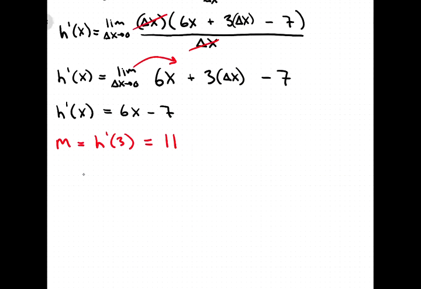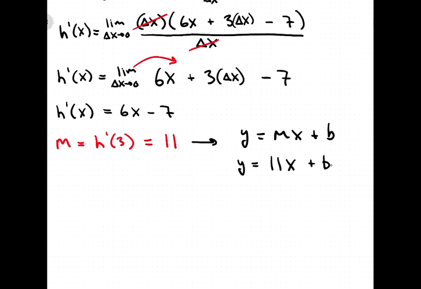So the equation of the tangent line, y equals mx plus b. Well, now we know it's y equals 11x plus b. So now we need b. So what we could do is we could plug in a point. We could plug in an x and a y, and then we could solve for the only remaining variable, which is b.